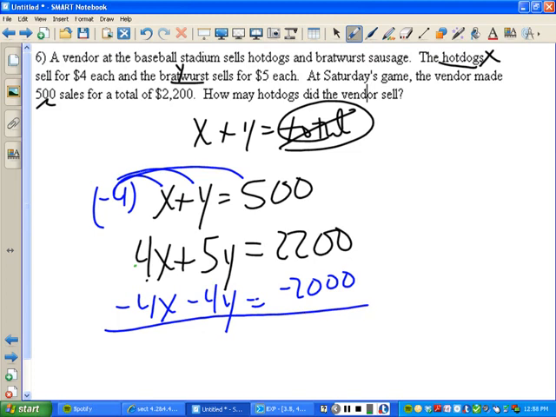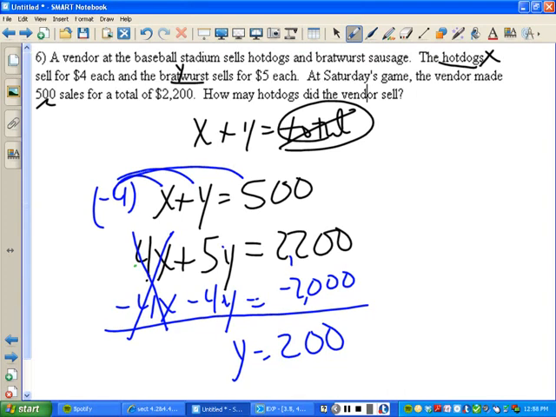Okay. -4x plus 4x cancel. 5y minus 4y is y equals 200, right? 2,200 minus 2,000 is 200.